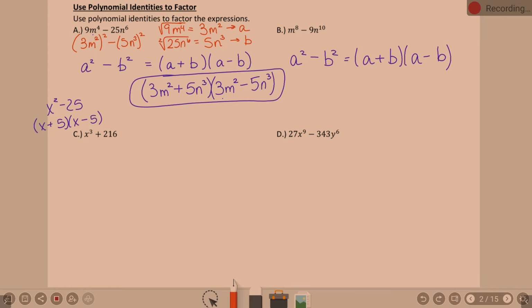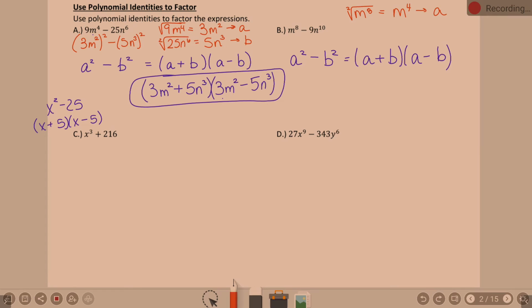Let's just say no. You can. Have confidence. We've got to do the square root of both of them. So if a squared is m to the 8th, you've basically got to ask yourself, what is the square root of m to the 8th? M to the 4th. Take that exponent and divide it by 2, since it's a square root. So that is my a value.